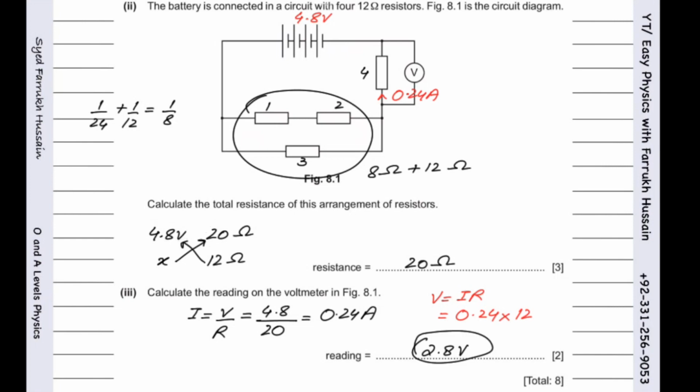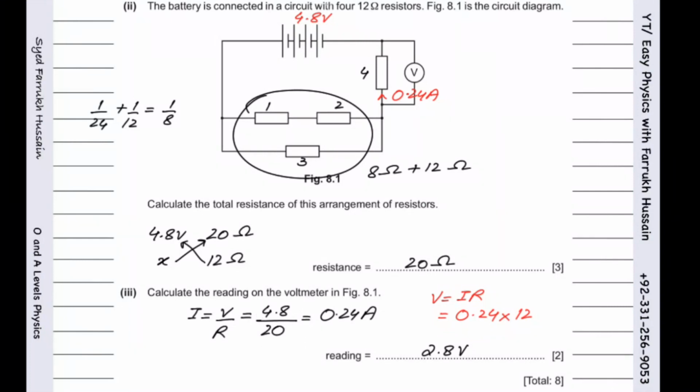Wouldn't it be 2.9? You've got 2.88. And can you do this 4.8 divided by 20? 0.24. Times 12, 2.88.